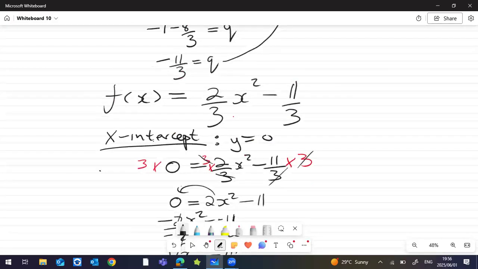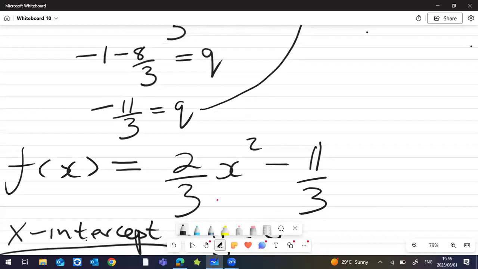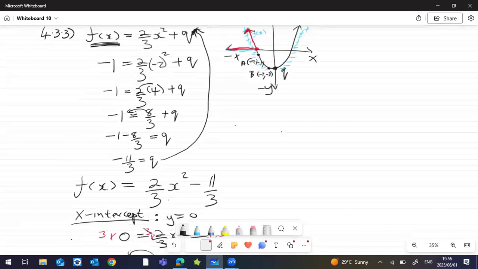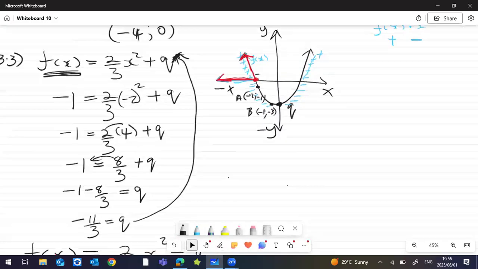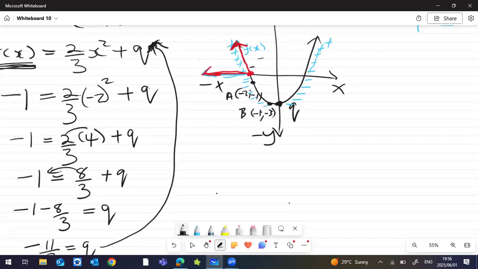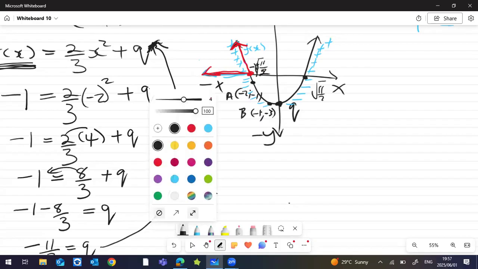Now if we go back to our graph, the x values we found: this one will be minus the square root of 11 over 2, on the negative side, and this one will be on the positive side, the square root of 11 over 2. Where is this graph positive?